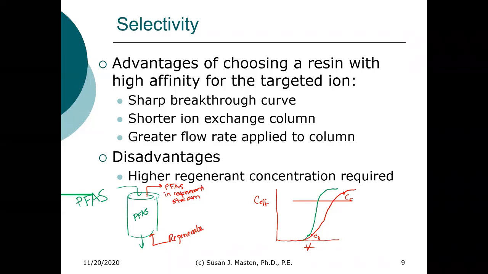So with a material like that, it may make sense not to regenerate, to simply exhaust the resin. You've now got your material on a solid support that potentially you can then solidify and dispose of.